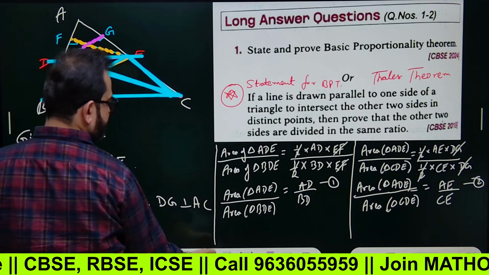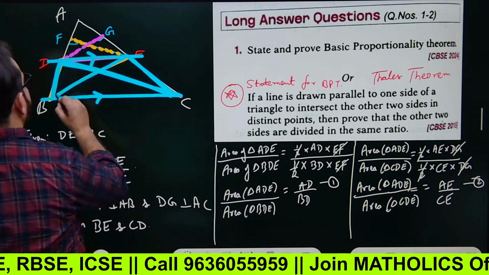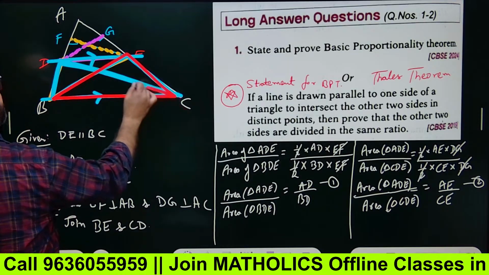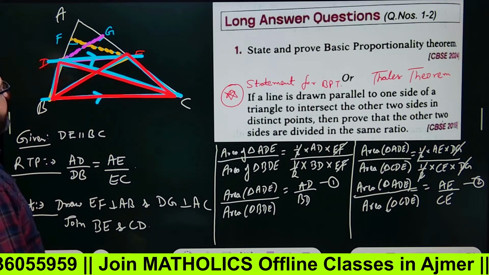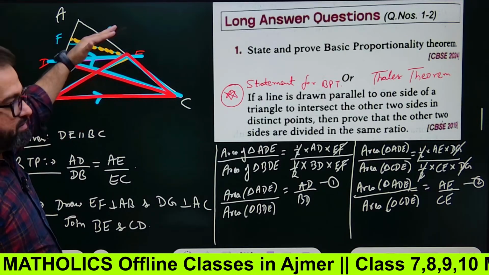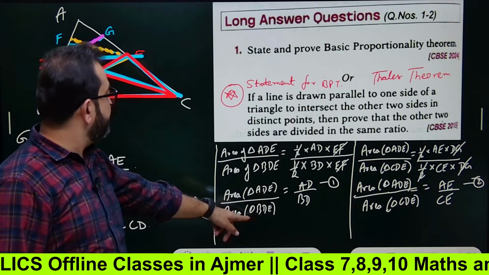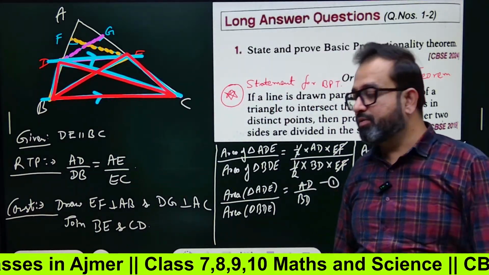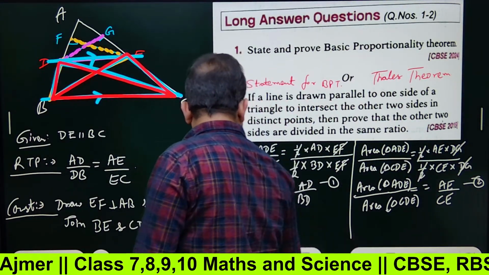These triangles, this red one and this red one, are on the same base BC and between the same parallels. So area of triangle BDE and area of triangle CDE are going to be equal, right?